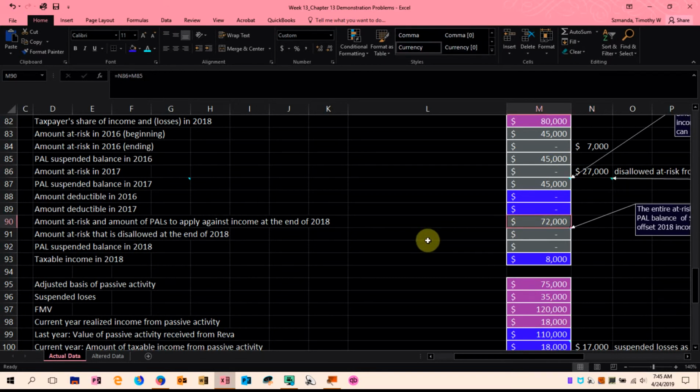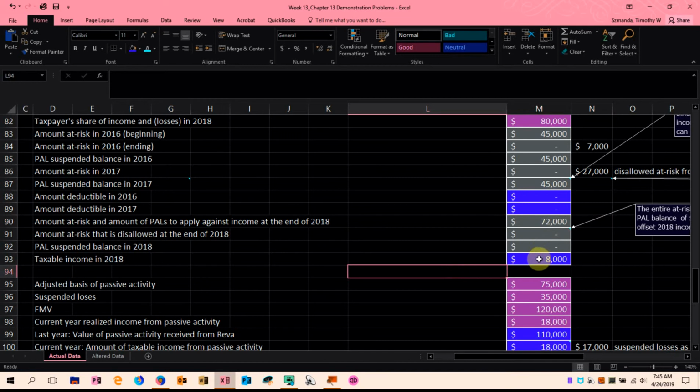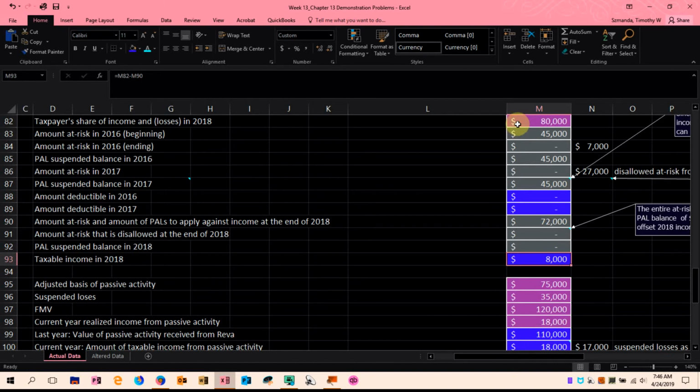So that is the amount then that we can apply against the income. Well, we had $80,000 of income less $72,000 that we can use now, which is the previously disqualified at-risk amount plus the suspended passive activity losses that we couldn't take advantage of. And we wind up then with a total taxable income of $8,000. $80,000 of income less the $72,000 combined at-risk rules plus passive activity loss. And we wind up with the $8,000.